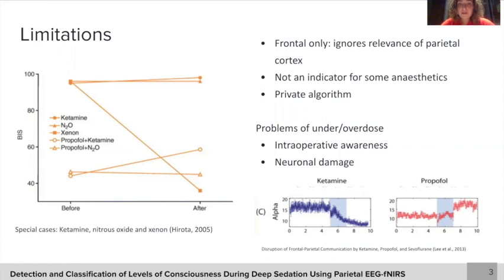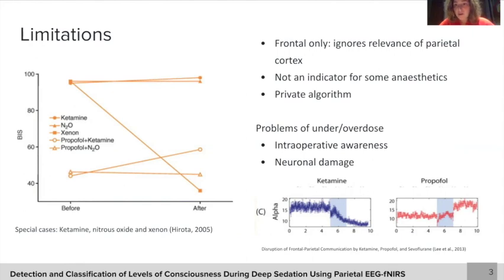Here we have the example of ketamine, where there is not an increase in the alpha wave, but on the contrary, a significant decrease in the alpha wave when there is loss of consciousness. So the bispectral index is not capable of monitoring the levels of consciousness with this kind of anesthetic. It is also a private algorithm.